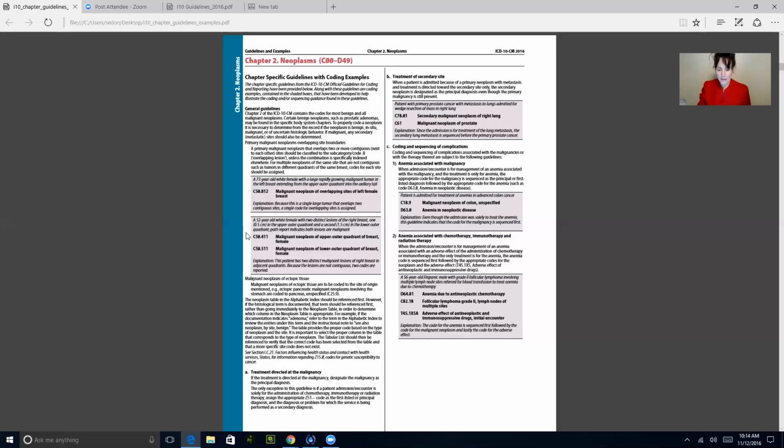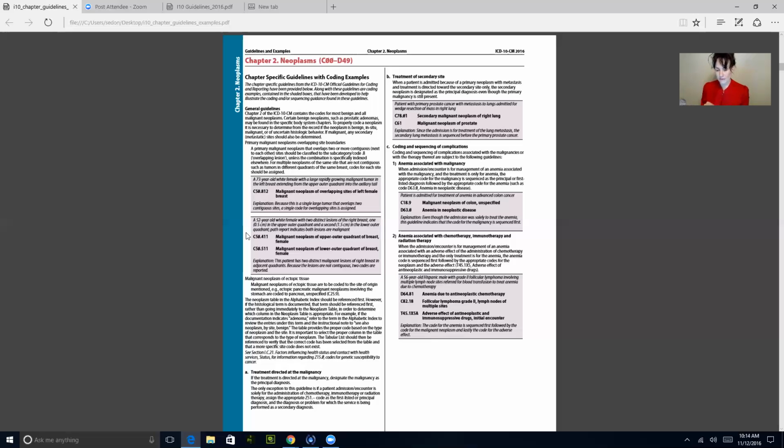So what happens if we have anemia associated with chemotherapy, immunotherapy, and radiation therapy? Well, when we have an admission encounter for management of an anemia which is associated with the adverse effect of administration of chemo, radiation, or immunotherapy, which is a common side effect of that, the anemia code is sequenced first, followed by the appropriate code for the neoplasm and the adverse effect.